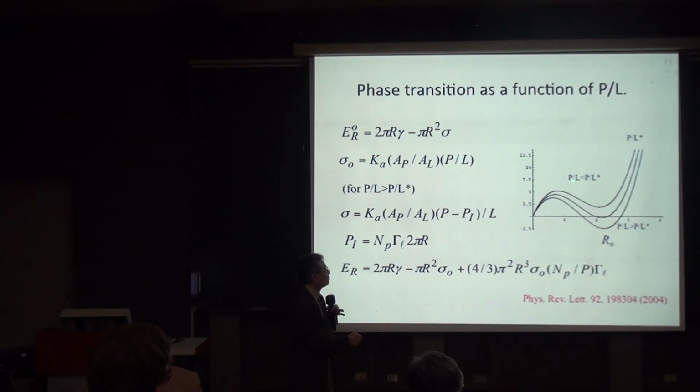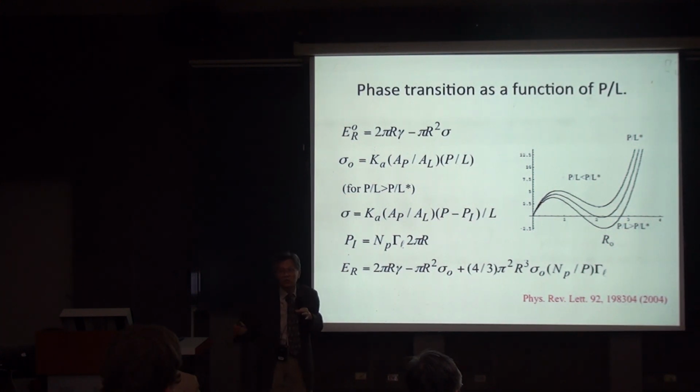At a concentration on the membrane less than some critical number, no hole is stable. But if it's above this critical concentration, the hole is stable. So there is a phase transition by concentration.